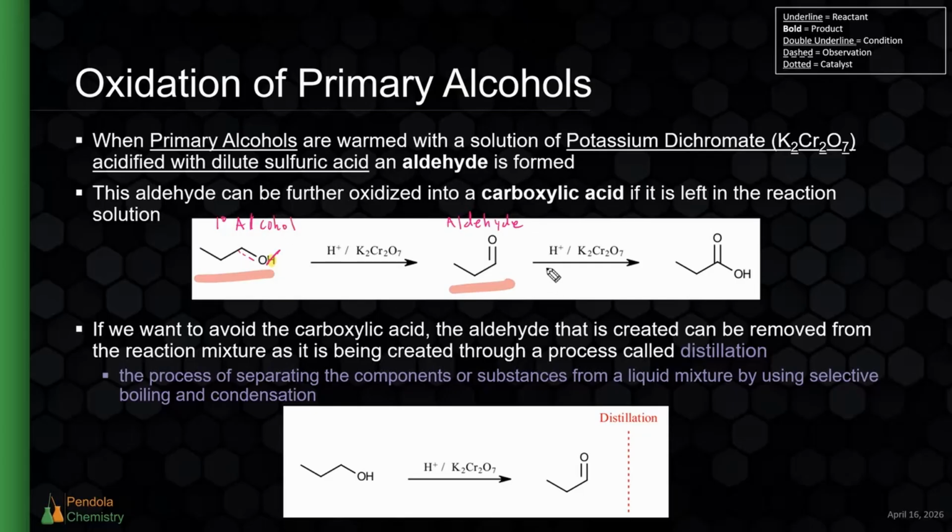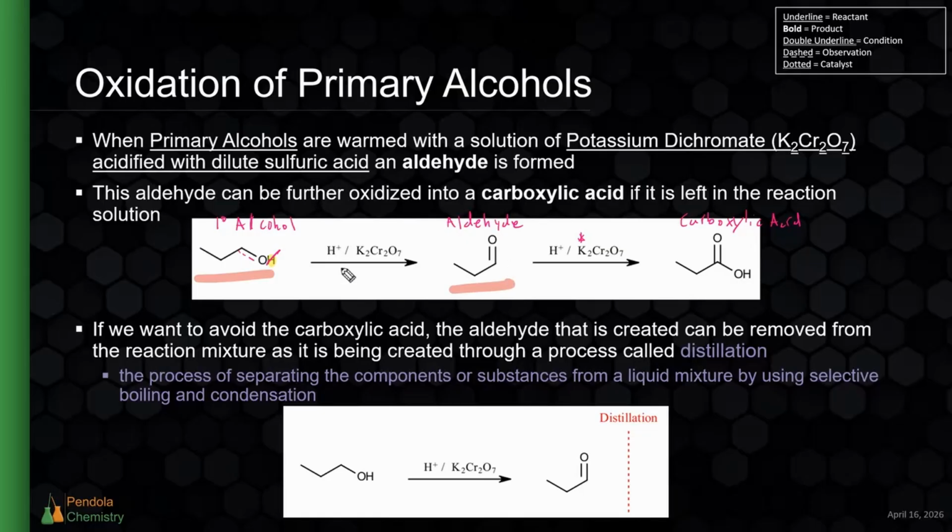Now the problem is that aldehydes can also be oxidized. And because that aldehyde is still sitting in that dichromate or potassium permanganate, it's going to keep reacting. So that aldehyde is going to get further oxidized, is what we call it, into a carboxylic acid. How does that happen?